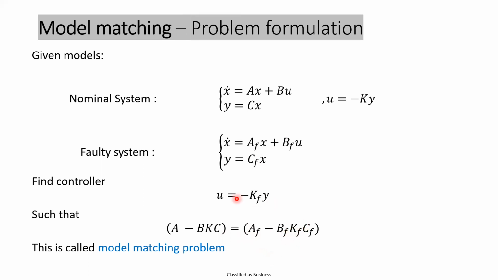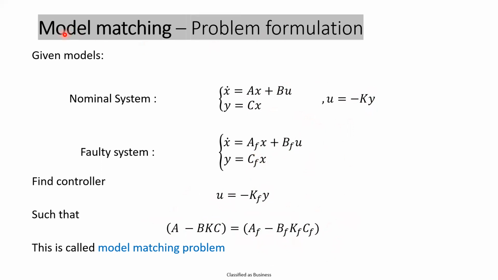We still want to have the output feedback controller, but it should be a new controller, because K was designed for the case that we had A, B, C, but when we have Af, Bf, Cf, we need to design another K, and we call that Kf. The question is, can we achieve the same matrix? On the left side we have one matrix, A minus BKC. Can we get the same matrix here?